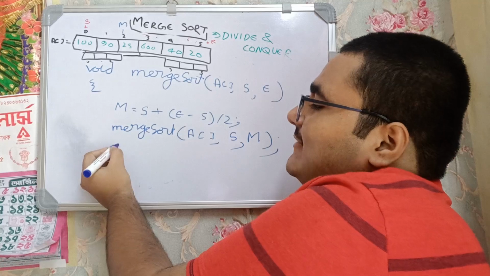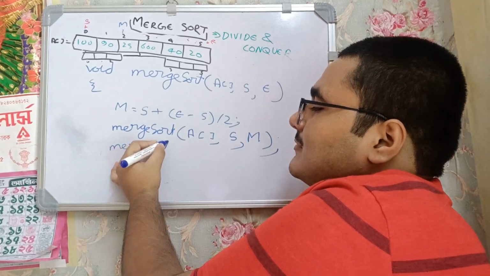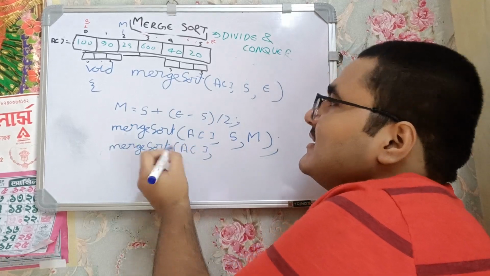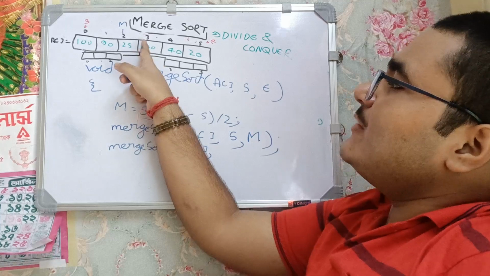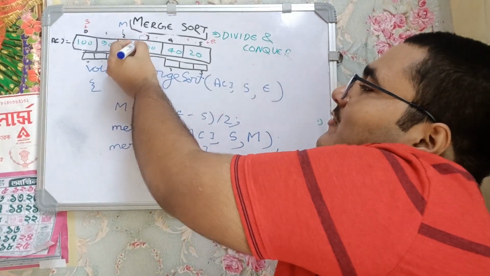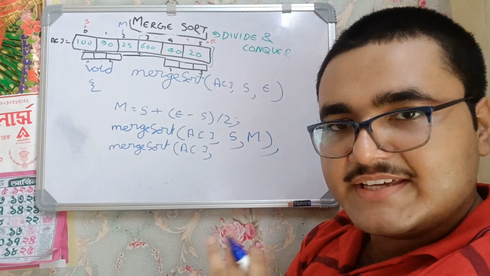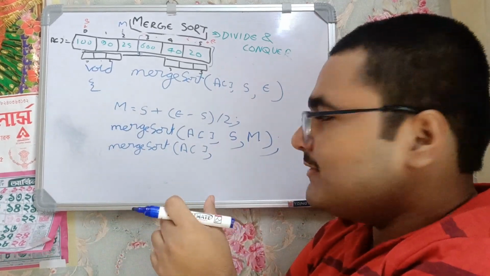And again merge sort for the right portion. Another portion is from mid plus 1 to the end of the array. Yes or no? Mid plus 1 to the end of the array, right?